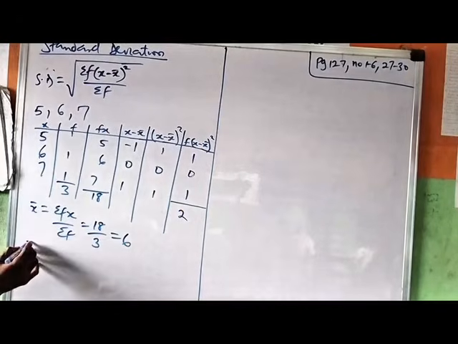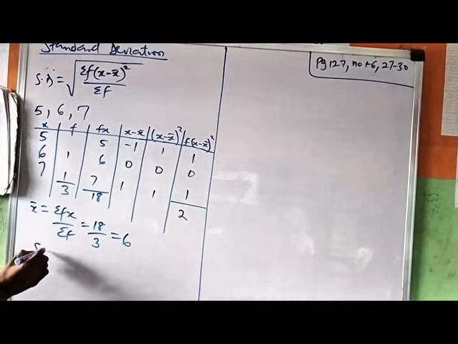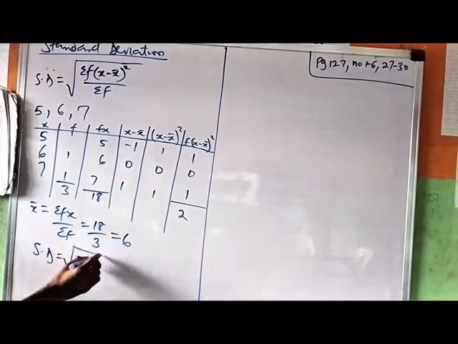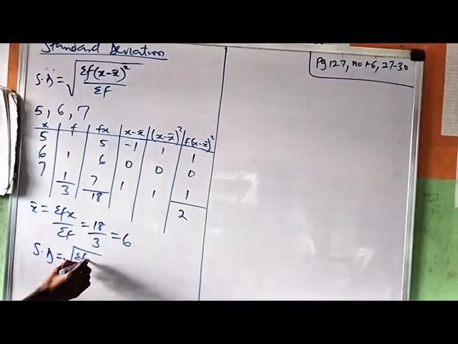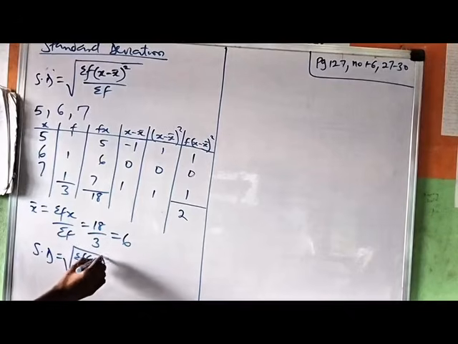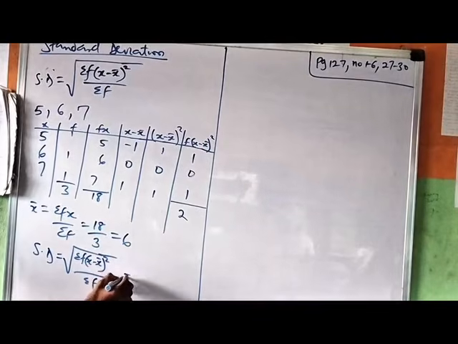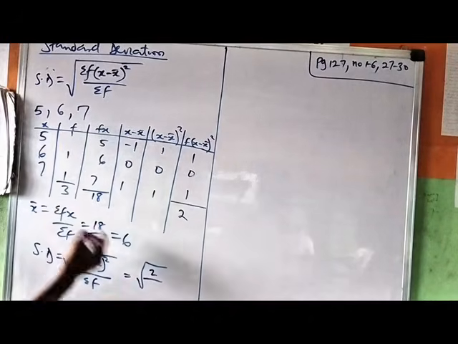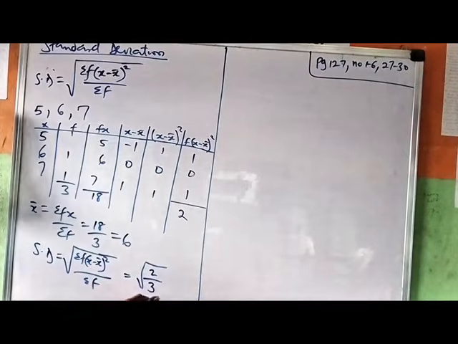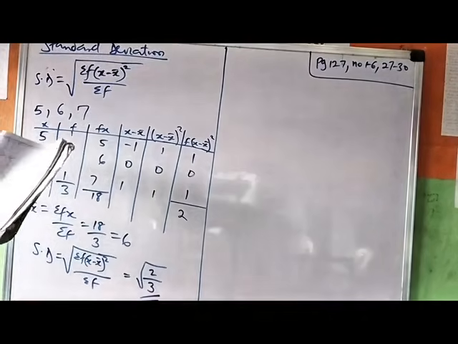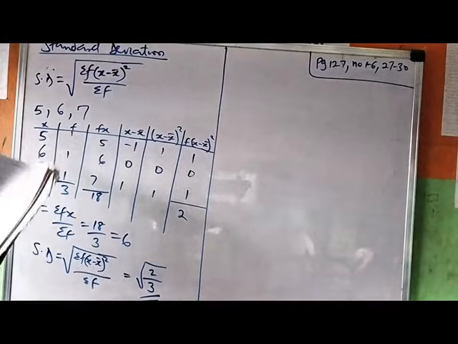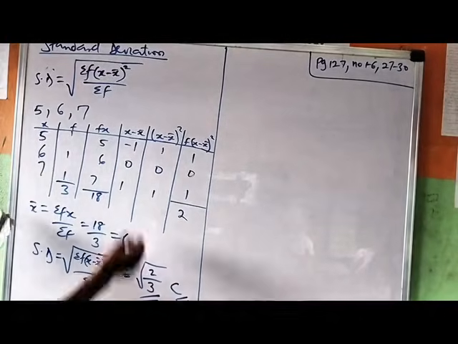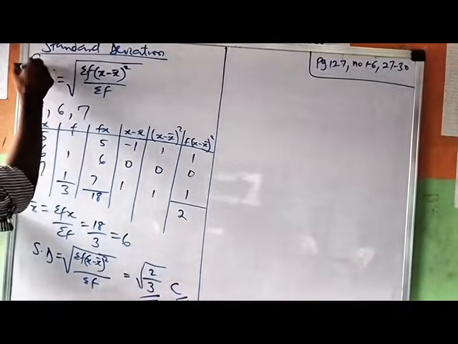So our standard deviation is going to be the square root of summation f of x minus mean squared all over summation f. That's the square root of 2 over summation f, which is 3. So the standard deviation is square root of 2 over 3. Do we have that in the options? Yes, that is option C. So the answer to number 1 is C.